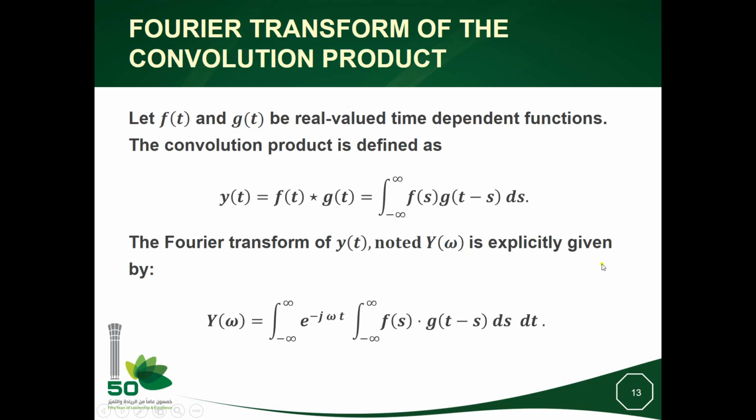Let f(t) and g(t) be real valued time dependent functions. The convolution product is defined as f star g, and it is by definition given by this relationship. Take the Fourier transform of y(t), which is the convolution product of f(t) and g(t). So I will multiply this function by exponential minus j omega t dt, and I will integrate from minus infinity to plus infinity.